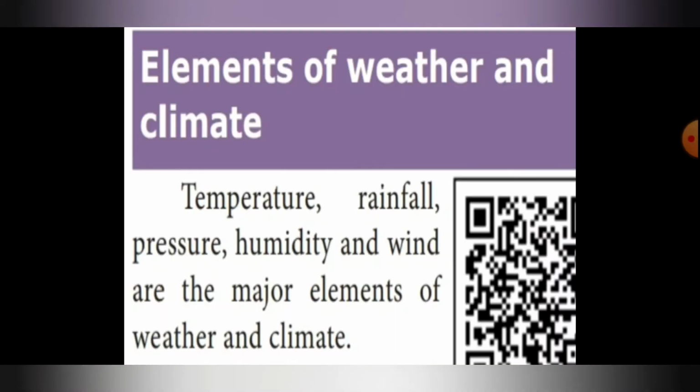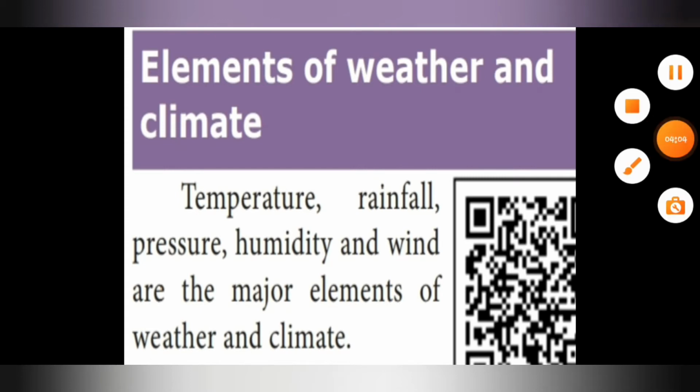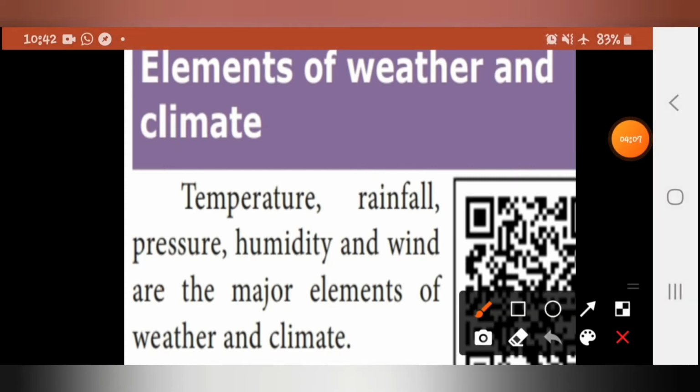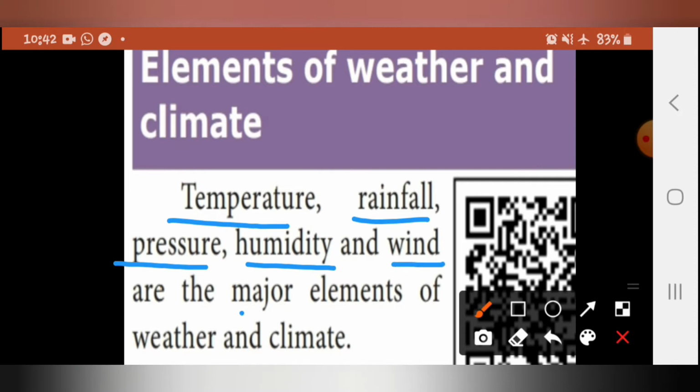Next we are going to see the elements of weather and climate. What are the elements of weather and climate? The first one is temperature, second is rainfall, third is pressure, fourth is humidity, and fifth is wind. They are the major elements of weather and climate.